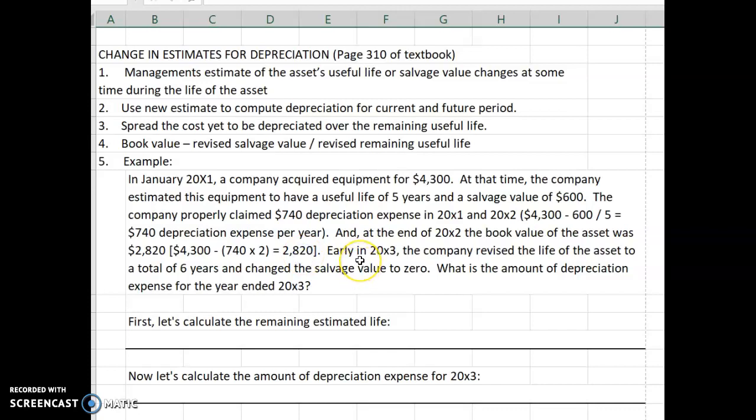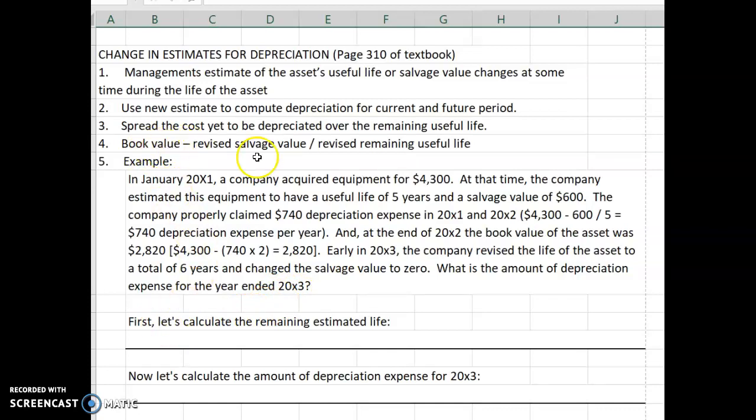So early in 20X3, when the book value of the asset was $2,820, the company revised the life of the asset to a total of 6 years and changed the salvage value to 0. What is the amount of depreciation expense for the year ended 20X3?